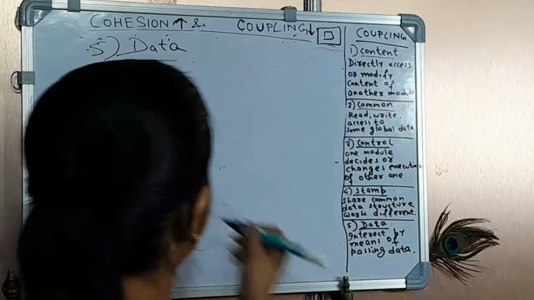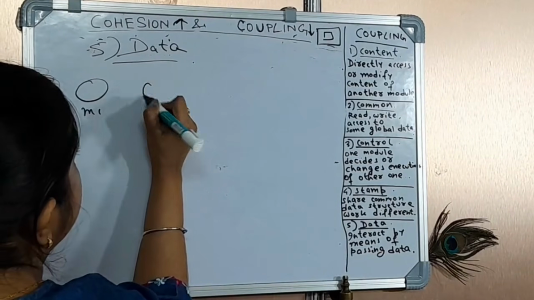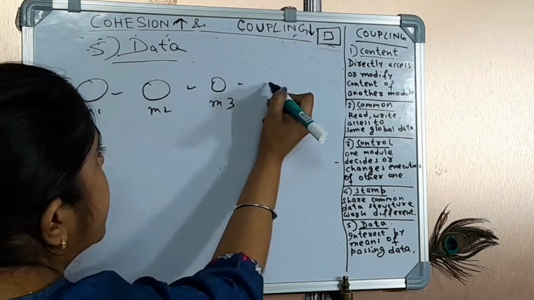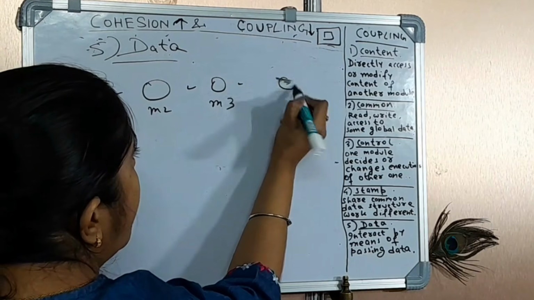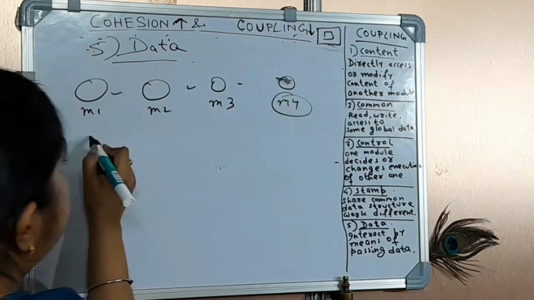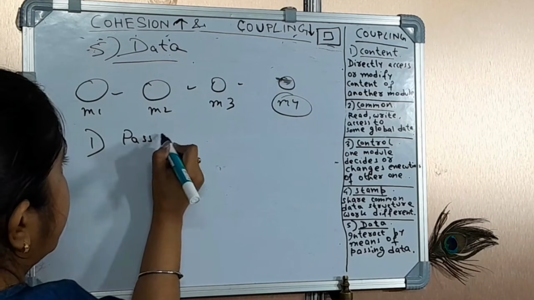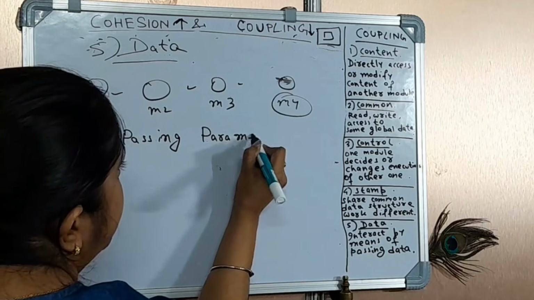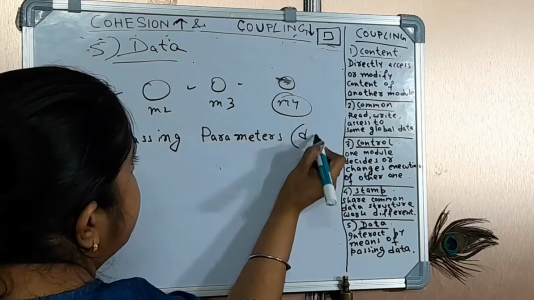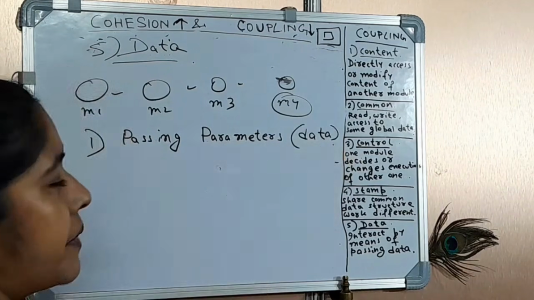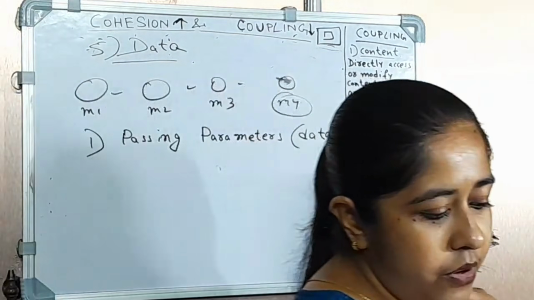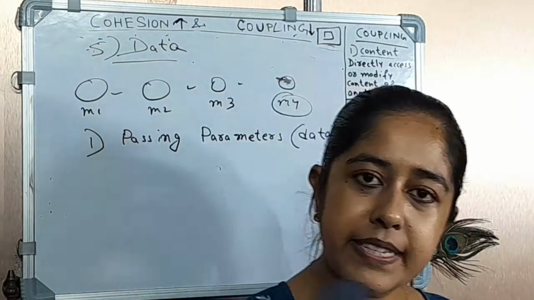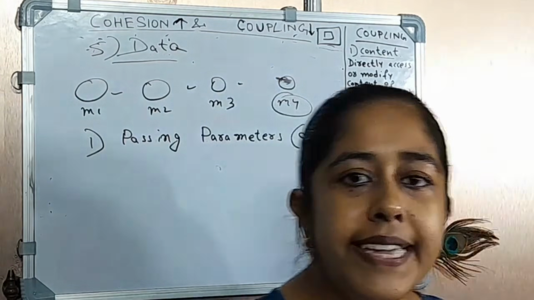Suppose M1, M2, M3, all these modules interact with each other by passing parameters, which is called data coupling. They are passing different data structures, that is, they are passing data parameters to each other.